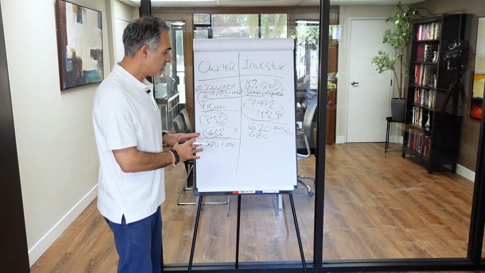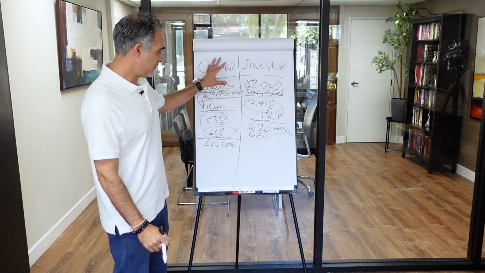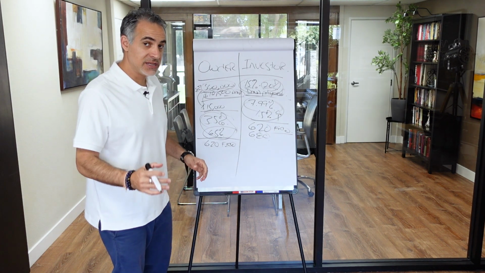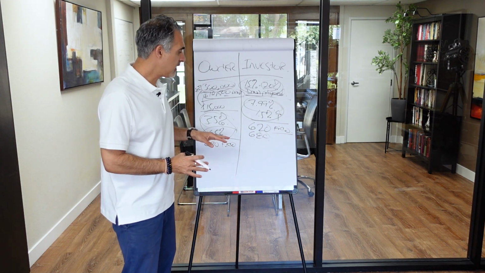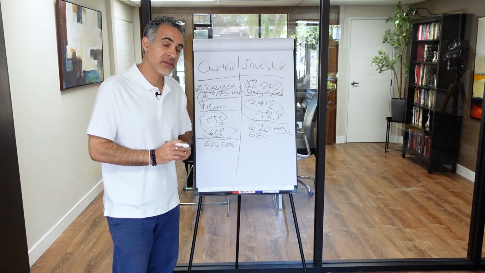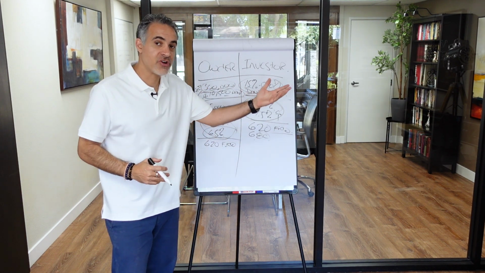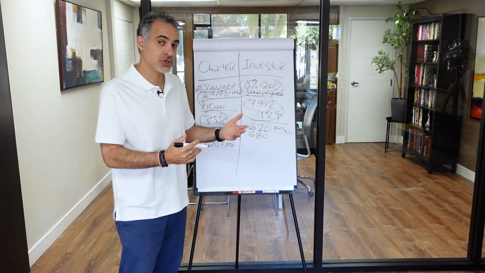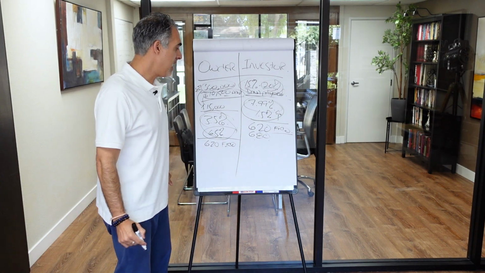So FICO does play a very big part in financing. And in addition to it, the rate is tied to the credit score and the loan to value. So you might say, oh yeah, but my friend got this rate. Yeah, how much did he put down? What's his credit score? All these things are going to matter.